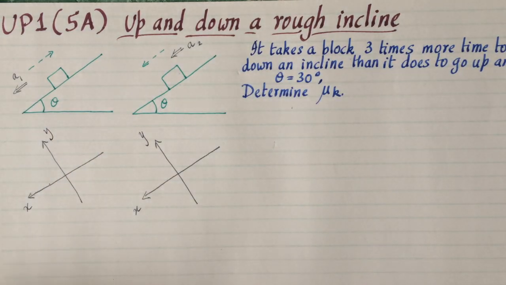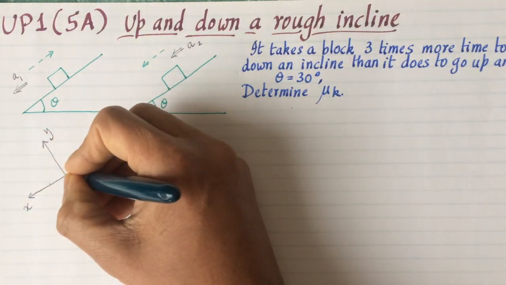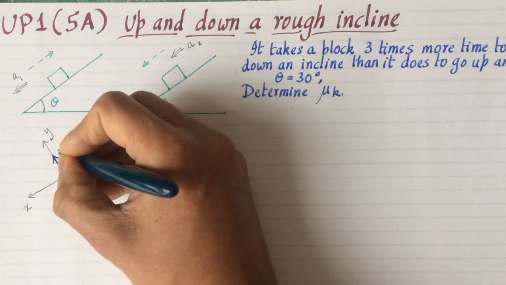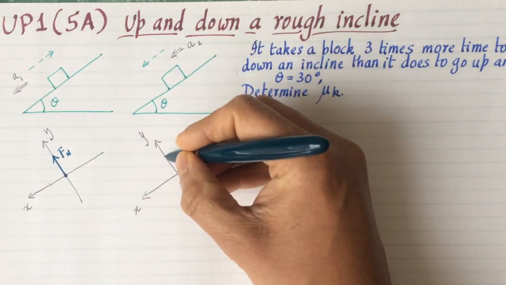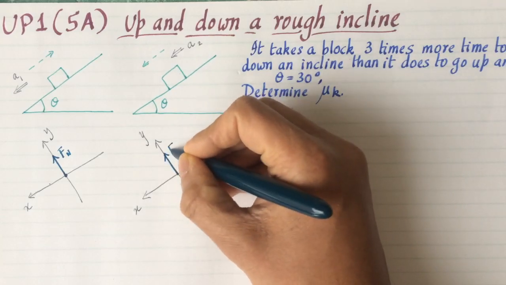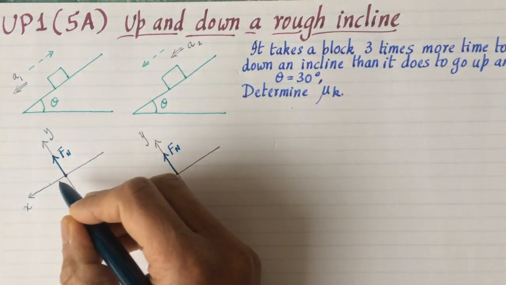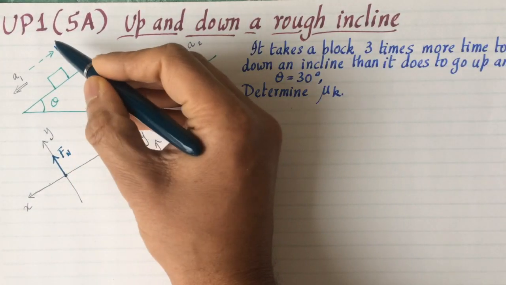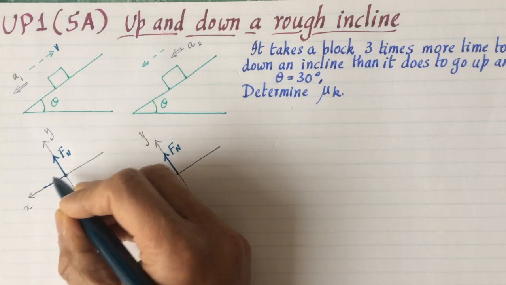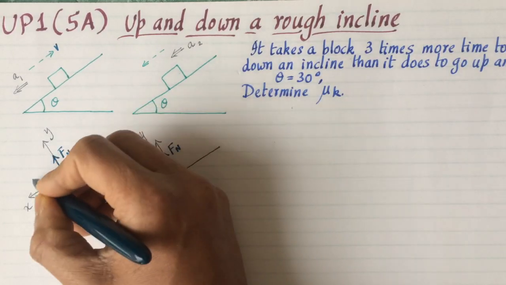Now let's draw the forces acting on the object. You have the normal force, the force of friction. In this case, since the block is going up, the force of friction is going to be opposite the direction of instantaneous motion.